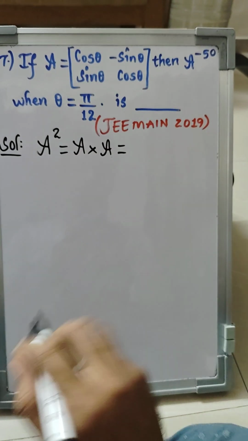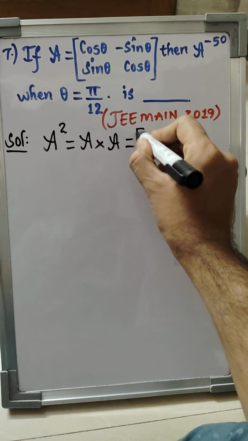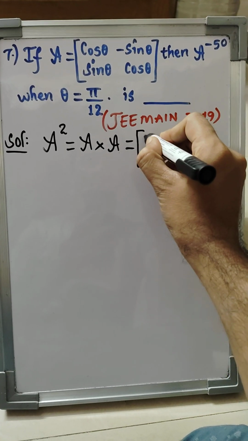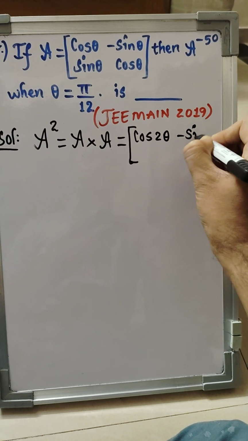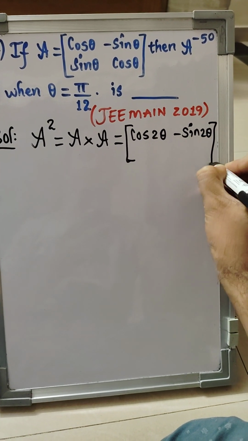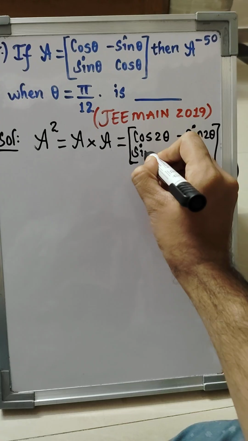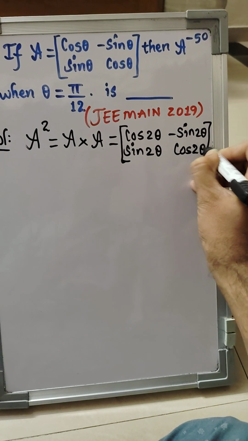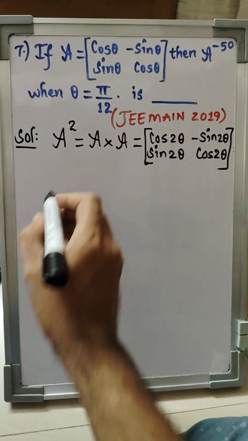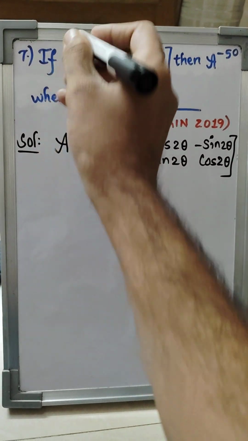When you find A into A, we can get cos 2 theta, minus sin 2 theta, sin 2 theta, cos 2 theta, and we will check the higher powers of A here.